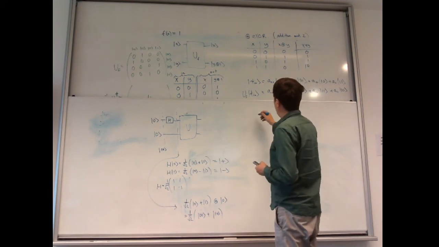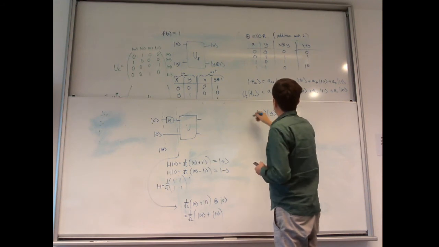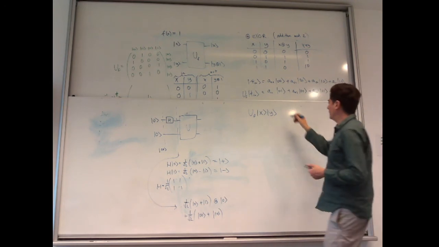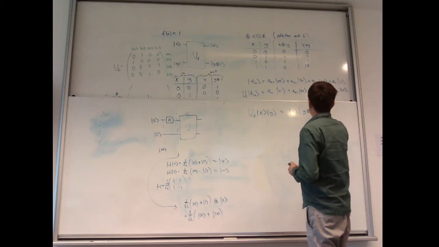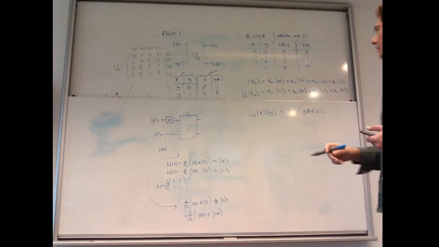In general, another way to write down this oracle is: if I've got x, y, applying this oracle gate produces y plus f of x.